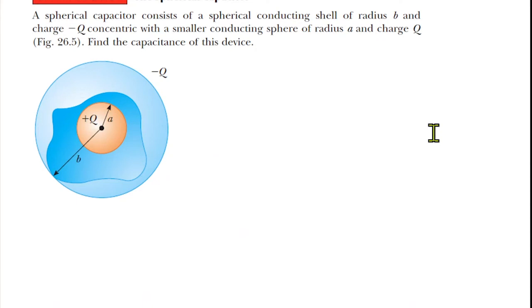Let's see if we really get that. So here, I'm going to put my Gaussian surface, of course, a spherical one right here with a radius r. That way all of the field is perpendicular to my surface.